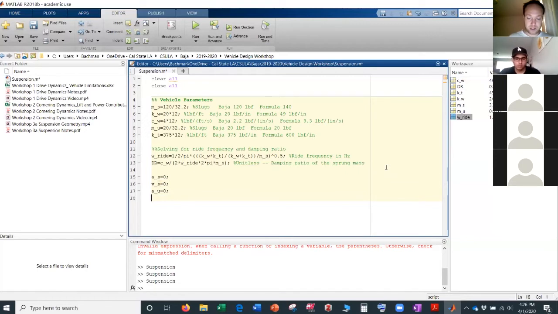The velocity of the unsprung mass will initially be equal to 0. Right, so we need to initialize all of these variables, and let's even do y of the sprung mass is equal to 0. We can make these all non-zero to start if we want, but y of the unsprung mass is equal to 0. And we'll do force on the sprung mass is equal to 0, and force on the unsprung mass is equal to 0.